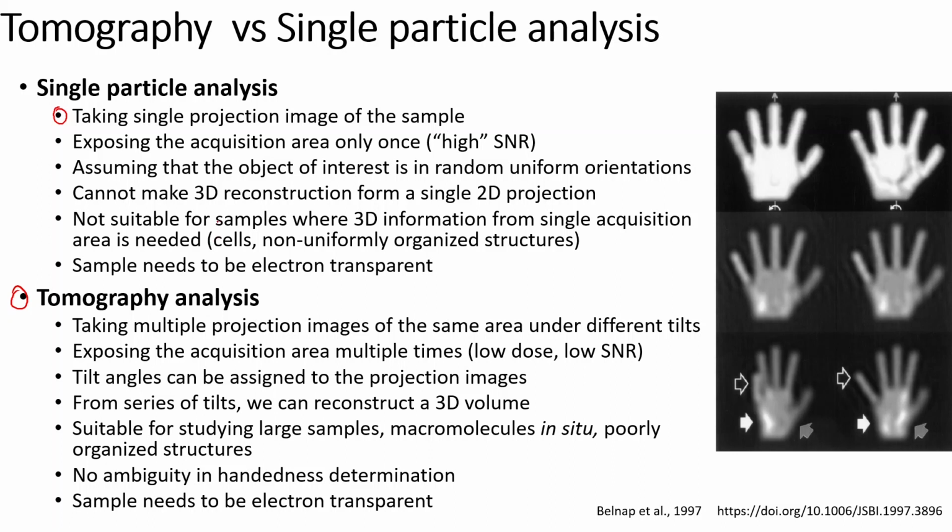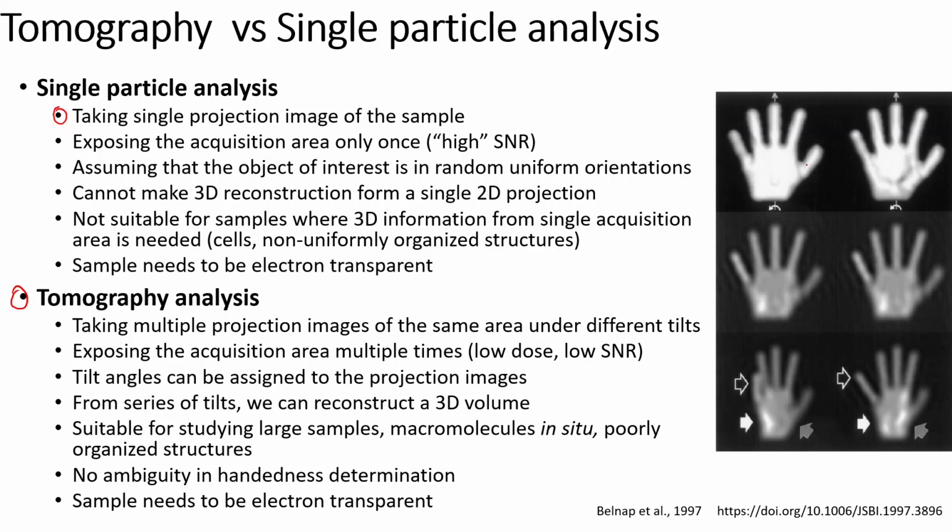One difference between single particle and tomography analysis is that for tomography we don't have the ambiguity in the handedness determination. If you take a look on the right, we have a left and right hand, where on the first image we see the back of the right hand, and on the other image we see the palm of the left hand and the palm of the right hand.